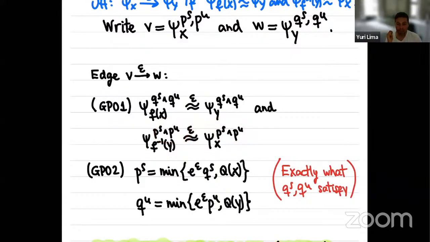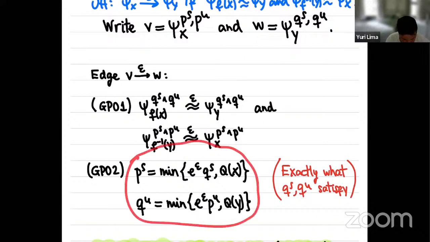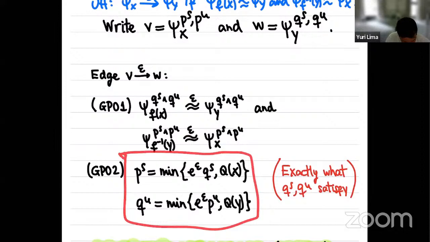Well, this is not enough for passing from one double chart to the other, because we also need a relation between the scales of one to the other. And this, in some sense, mimics the condition that we needed for the graph transforms to be defined.